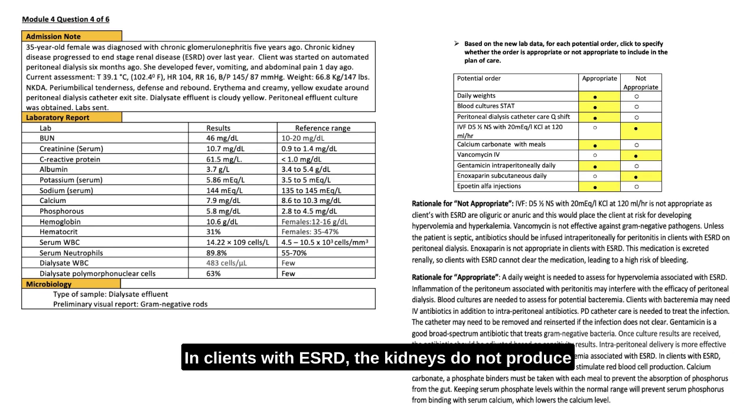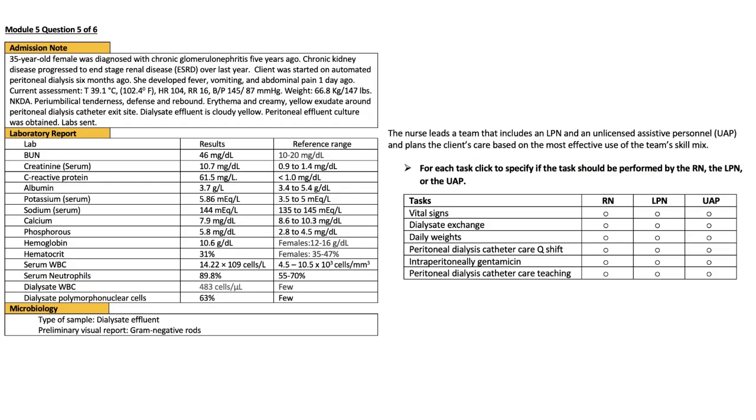In clients with ESRD, the kidneys do not produce enough erythropoietin to stimulate red blood cell production. Calcium carbonate, a phosphate binder, must be taken with each meal to prevent the absorption of phosphorus from the gut. Keeping serum phosphate levels within the normal range will prevent serum phosphorus from binding with serum calcium, which lowers the calcium level. Module 5 Question 5 of 6.